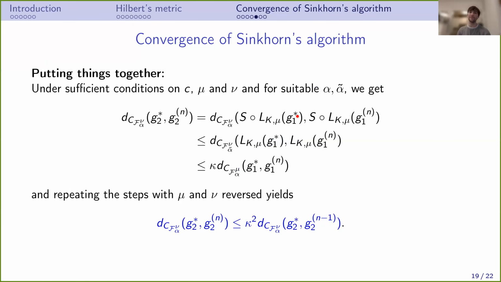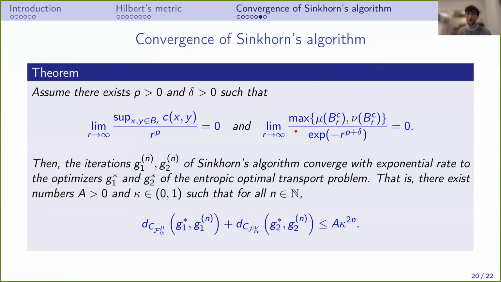What Conforti and co-authors are dealing with is the case where the decay of the cost function is of order 2, and also the exponential tails of the marginals are of order 2. But delta is, so to say, 0 for them. I call this a critical case, because the rate of decay of the marginals and the growth of the cost are of the same order. This is what they deal with.